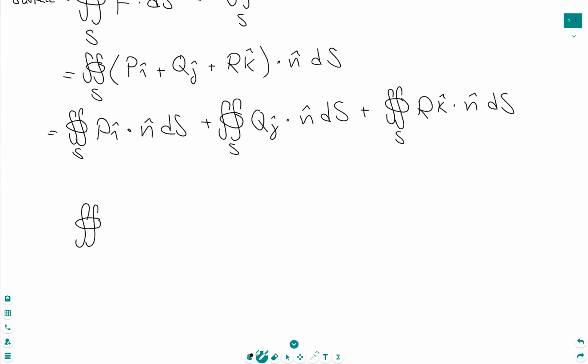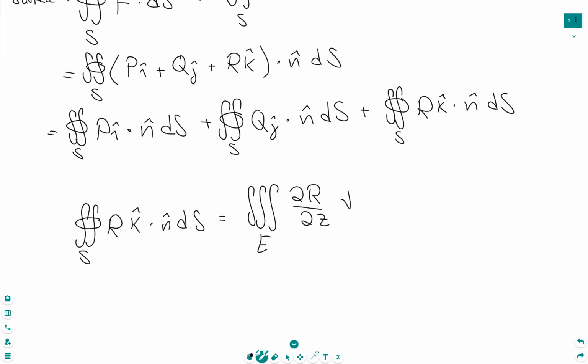So we have our surface area integral of R k hat dot n dS is equal to the triple integral over E of partial R partial z dV. And this is what we want to show. And then a similar argument can be made for the other two equalities.